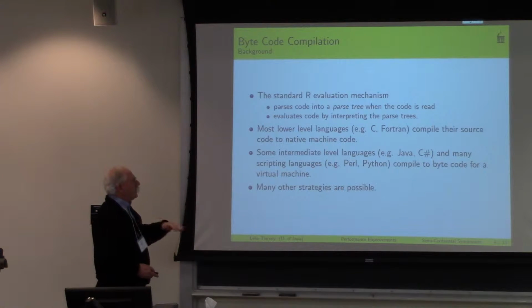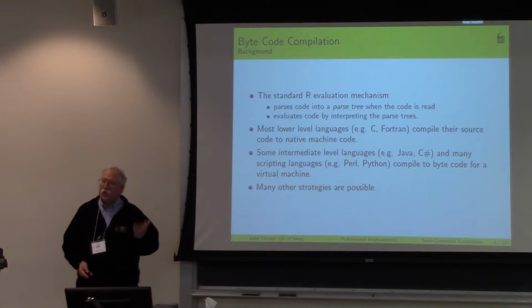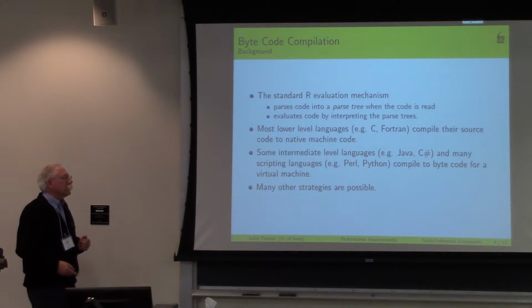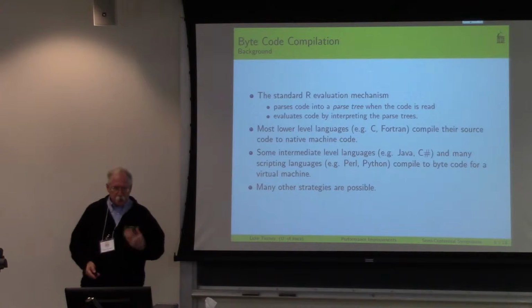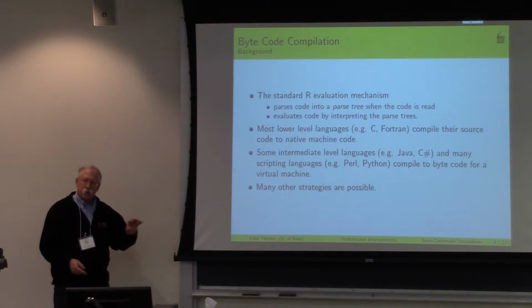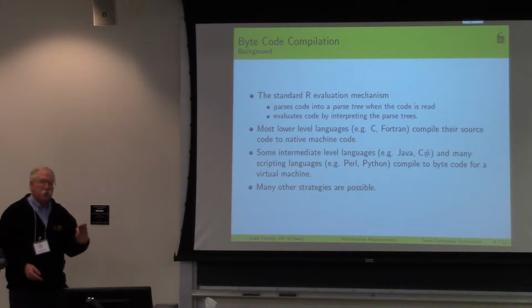And if you're looking at a loop, it will walk through the body of the loop each time, and there's a lot of overhead associated with that. Low-level languages like C or Fortran typically go through a compilation phase that translates them into machine code, which runs much faster on the native hardware you're running.